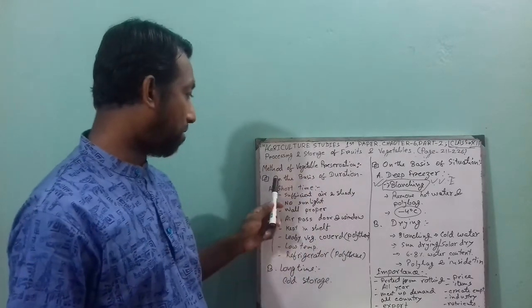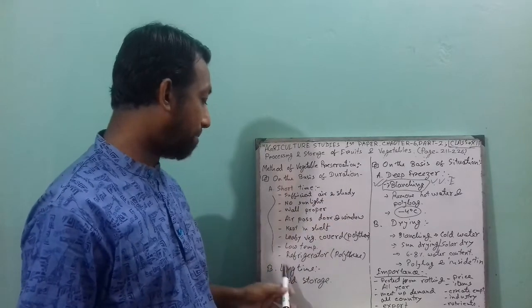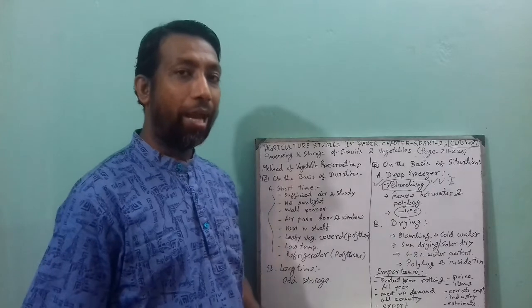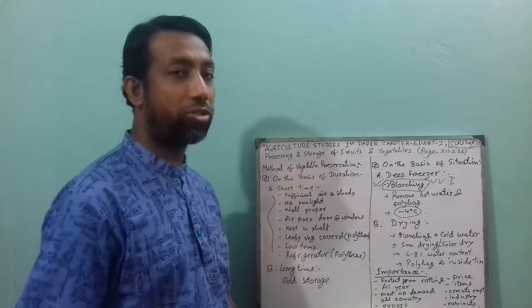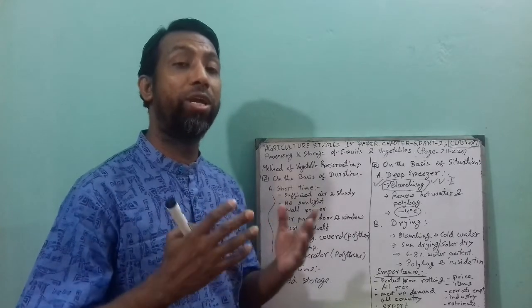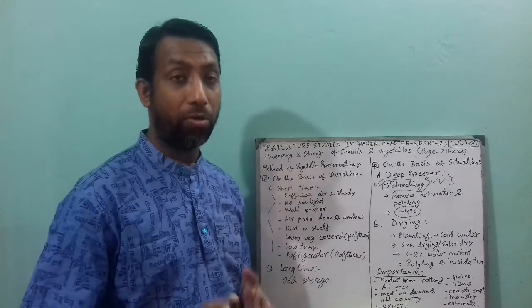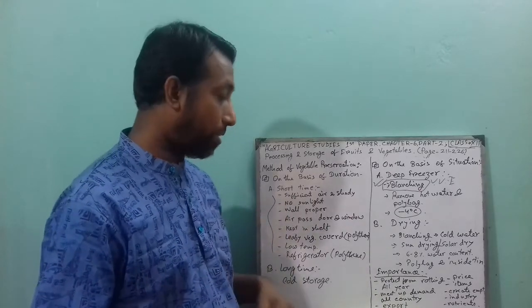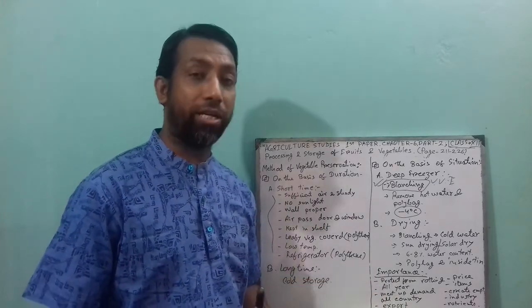We started on the basis of duration, short time and long time, then on the basis of situation, deep freeze and drying. Next point is the importance of fruits and vegetable preservation. Why do we need to preserve vegetables? Why do we need to preserve fruits? To protect from rotting.